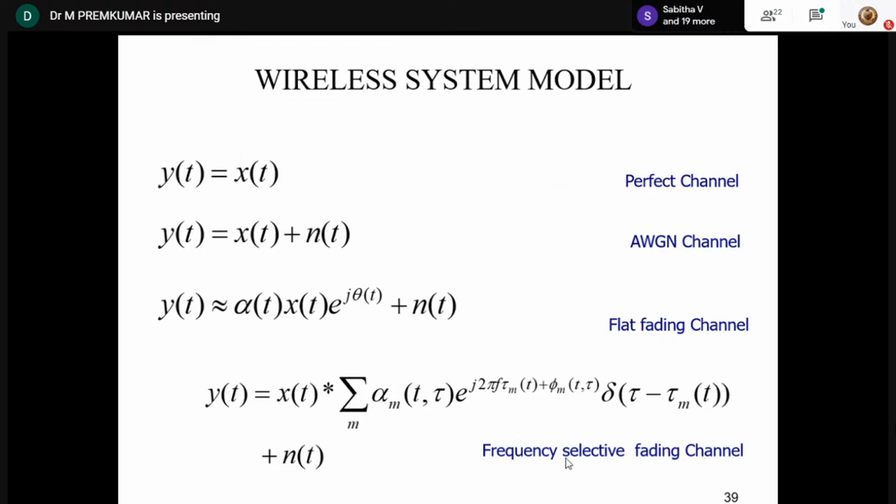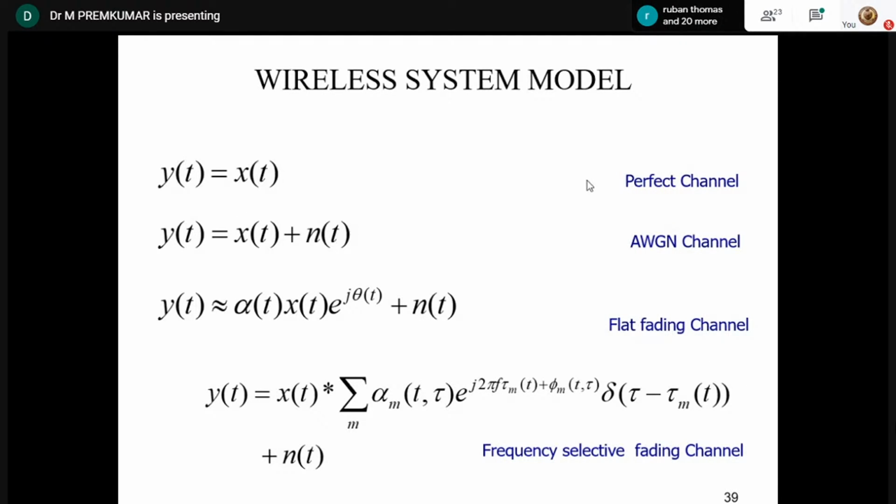Then the frequency selective fading channel will have time delayed versions of the received signal, where tau refers to the time delay, with the time delay and phase delay in the exponential component, all multiplied by the parameter.